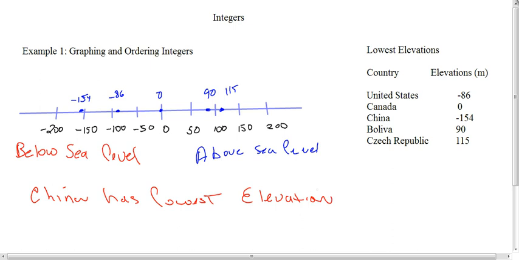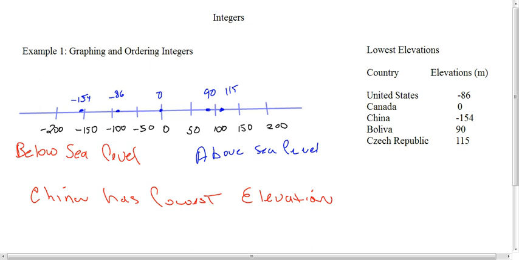But we can also, with the way we've created this number line, if we were asked, can you put these in order from least to greatest? Yes, we can. We have China, the United States, Canada, Bolivia, and Czech Republic. So, can we order this?